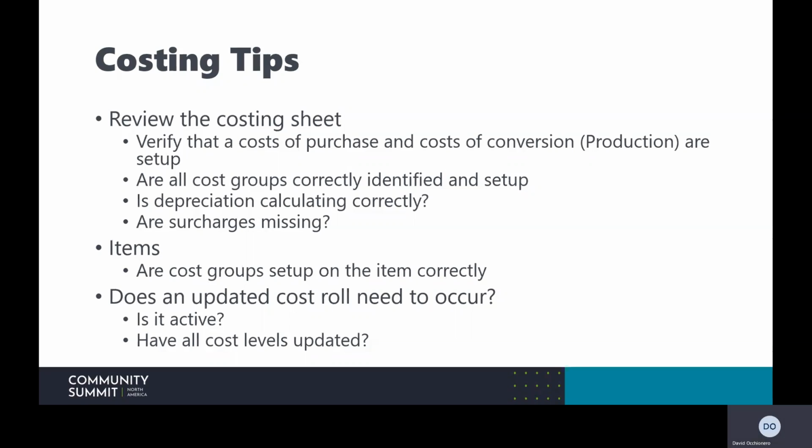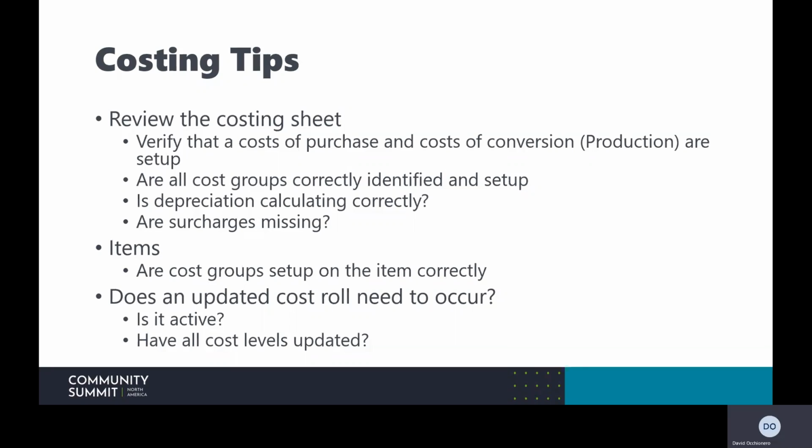We would first want to verify that a cost of purchase and a cost of conversion cost tree are established within your costing sheet. From there, we would then check to see if cost groups are correctly identified and set up. Then from there, we would do some scenario testing where we would see if we have depreciation calculating correctly, or maybe it would be fruitful to see if surcharges are missing when calculating the cost of purchase.